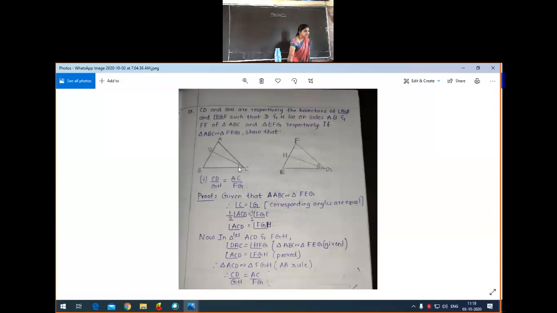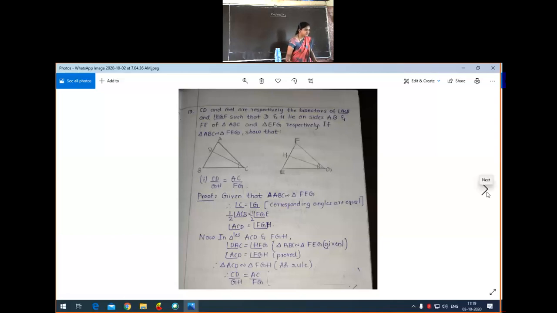Then we can take this angle equal to this angle, because CD is the bisector of angle C and HG is the bisector of angle G, and we know angle C is equal to angle G. That's why angle DCB is equal to angle HGE. According to SAS similarity criteria, we can say that this triangle is similar to this triangle.